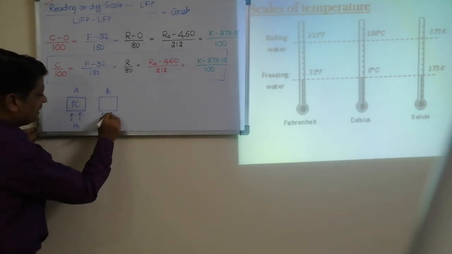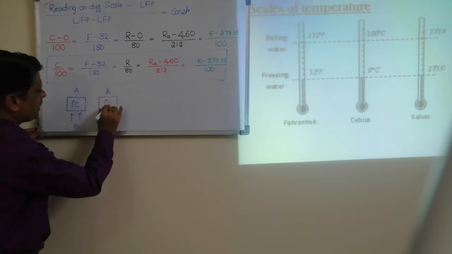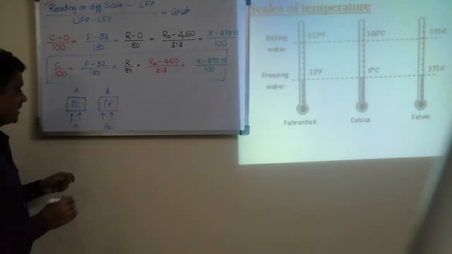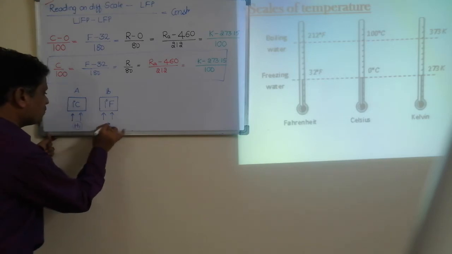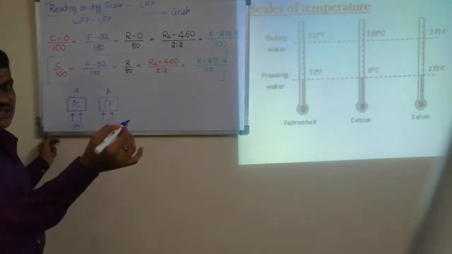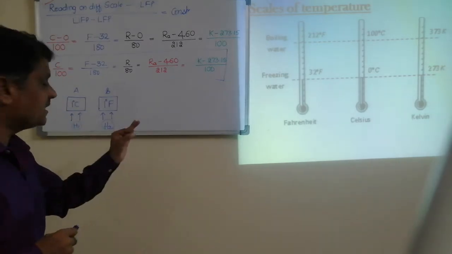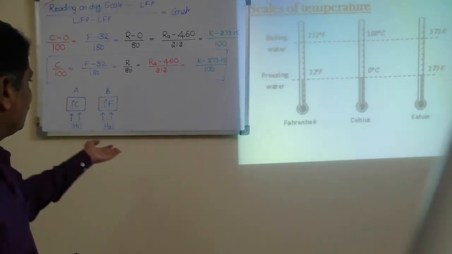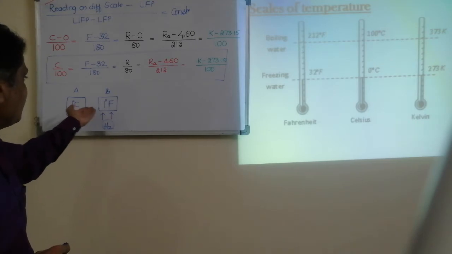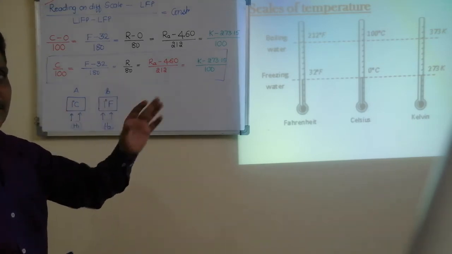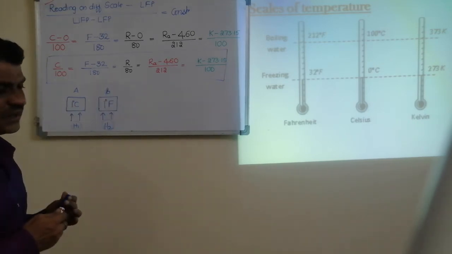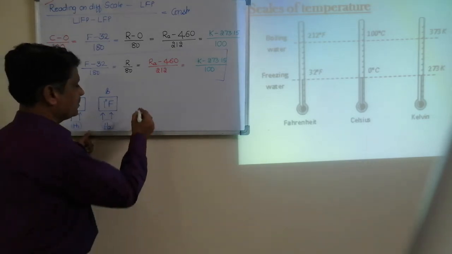Here H2 heat is given to raise the temperature by 1 degree Fahrenheit. Then out of H1 and H2, which is higher? That is, in which case is more heat energy necessary to raise the temperature in A and B? For that, I take a simple example.